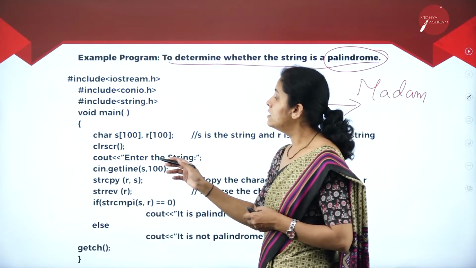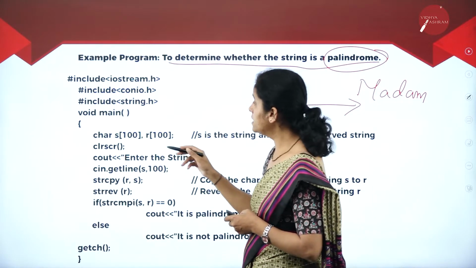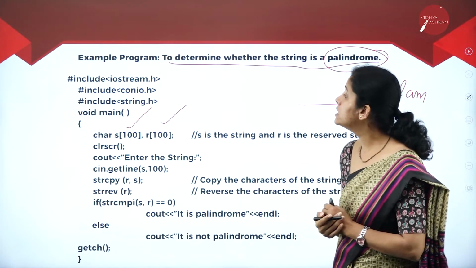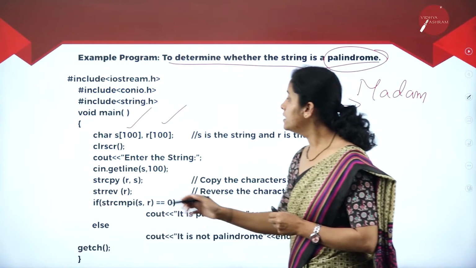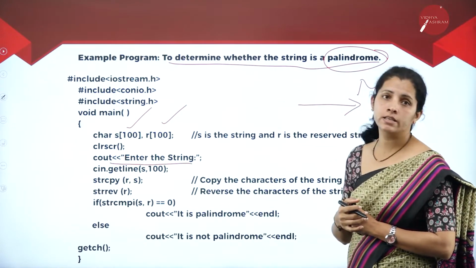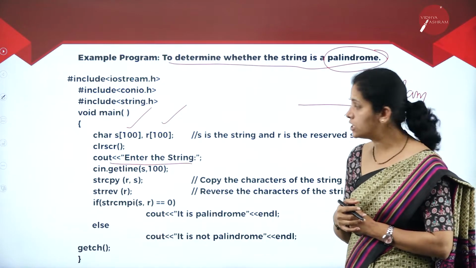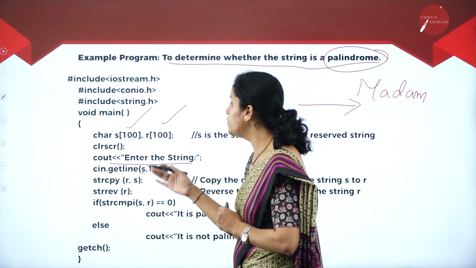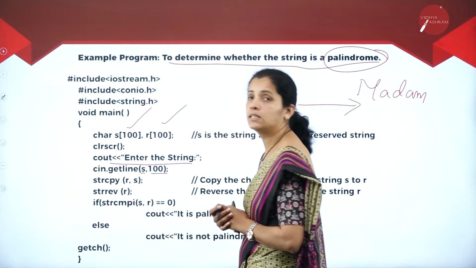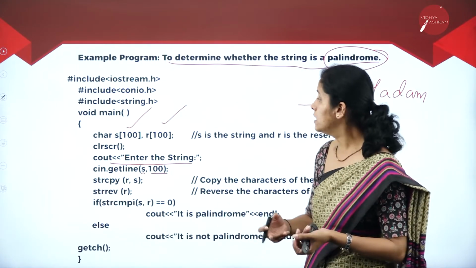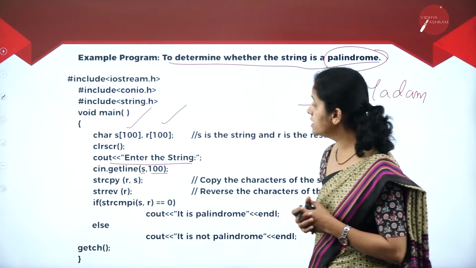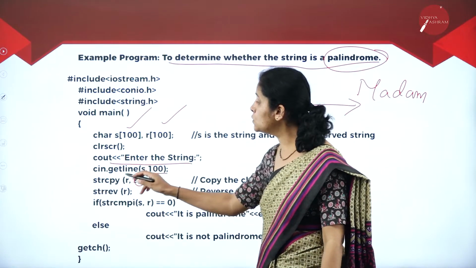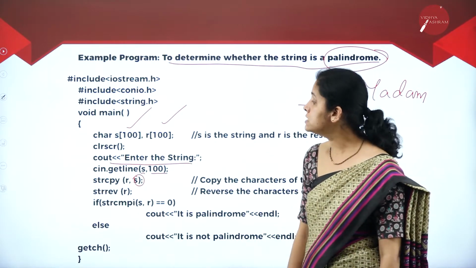Now, see here, I'm going to take two strings, that is S and R. And what is the length here? It is 100 characters. Now, I'm going to read this string with the help of the gets function, and I'm going to store the read string in the variable called S. Now I'm going to copy the string which is present in S to R. Now I'm going to reverse this string.